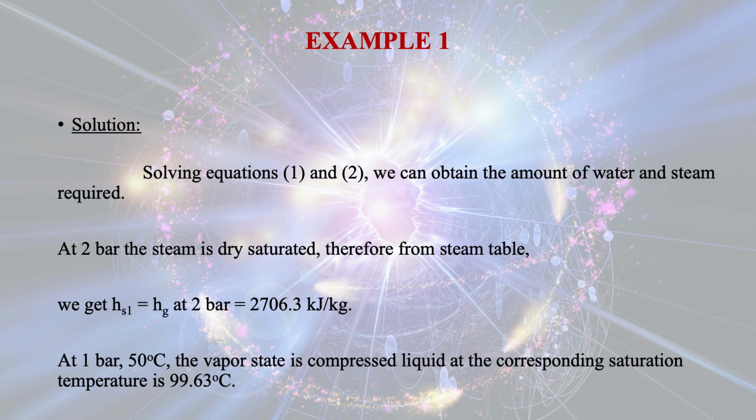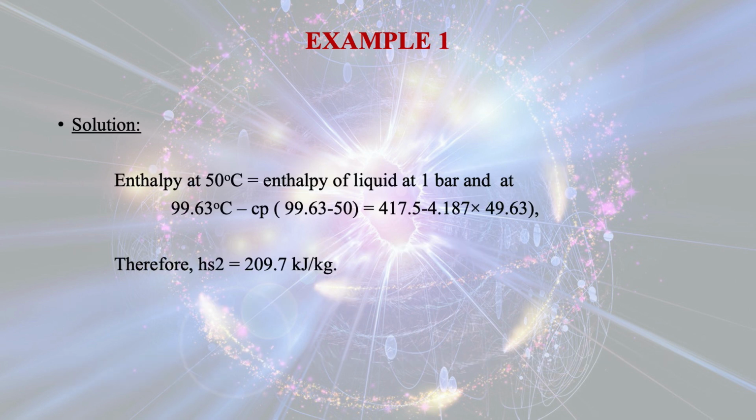2706.3 kilojoule per kg. At 1 bar, 50 degrees centigrade, the state is compressed liquid, and the corresponding saturation temperature is 99.63 degrees centigrade. So enthalpy at 50 degrees centigrade is equal to enthalpy of liquid at 1 bar and 99.63 degrees centigrade minus Cp within bracket 99.63 minus 50.